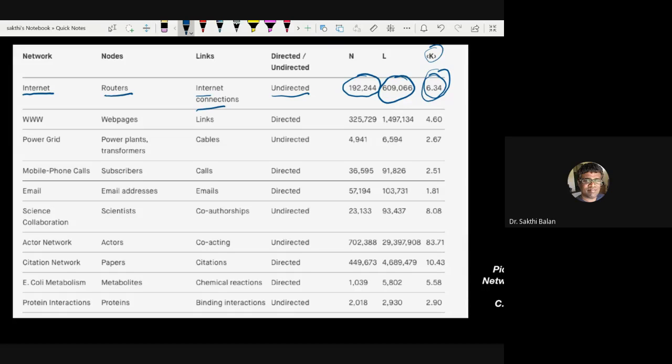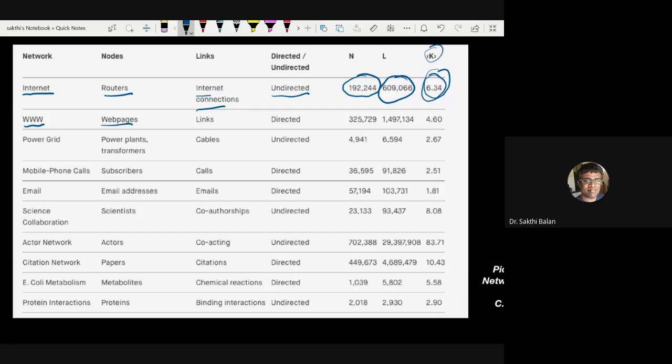Then what we can look into is the WWW, where the nodes are the web pages. In the internet we looked at the nodes as routers, but in the WWW we will be looking at the web pages, which web page it is going to.